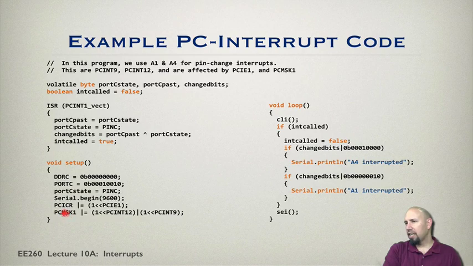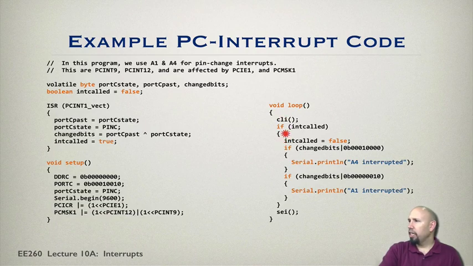Then I do the mask, and this command sets up pin 12, making that equal to 1, and this sets the bit for pin 9, or PCInt 9. PCInt 9 is the same as A1, and PCInt 12 is the same as A4. It's those pins. So now I have set up pins A4 and A1 to be pin change interrupts. I had to do all of this in order to make that happen. So that's what happens in my setup routine.